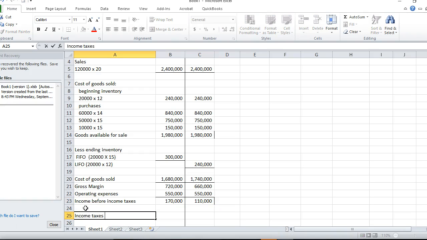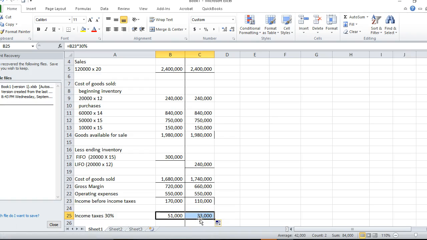Income taxes at 30% would be, and then net income.